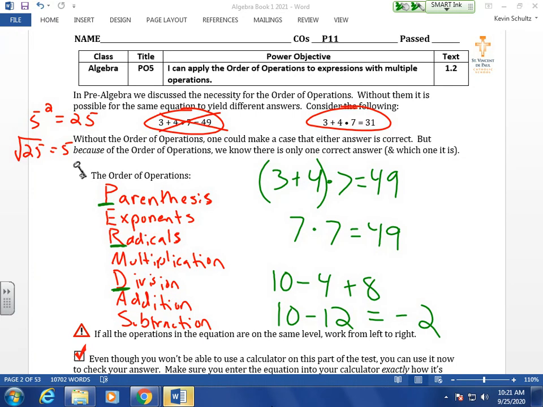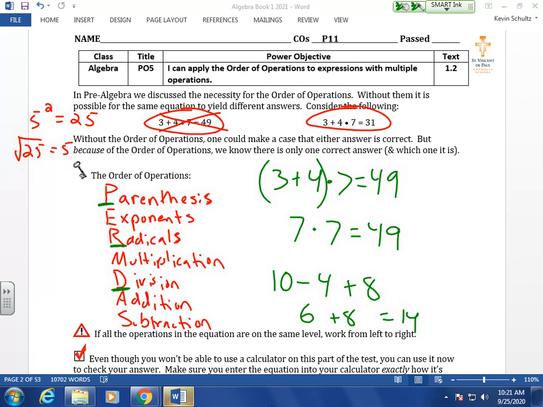Exactly. If they're part of that same level, that opposite group, then you work from left to right. So in this case, yes, addition is before subtraction in PERMDAS. However, because those are the only two operations that we have here, it would be correct to work from left to right. And we've got 10 minus 4 is 6 plus 8 equals 14.